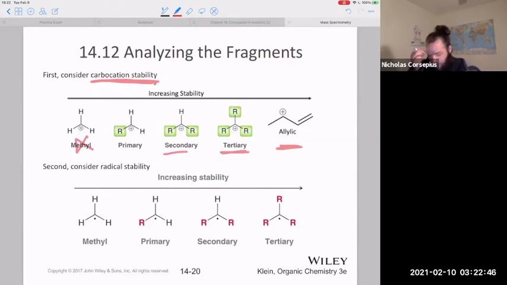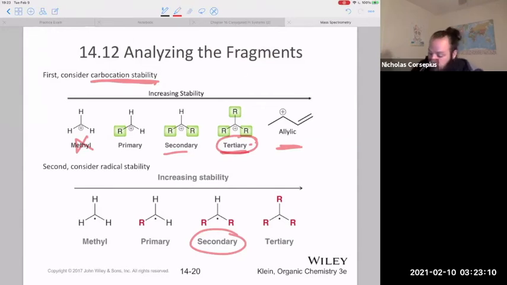Another consideration, but way less important, since the most important one is the carbocation stability, is the radical stability, which trends very similar to carbocation stability. So if you can form, for example, a secondary radical and a tertiary carbocation, that would be great.